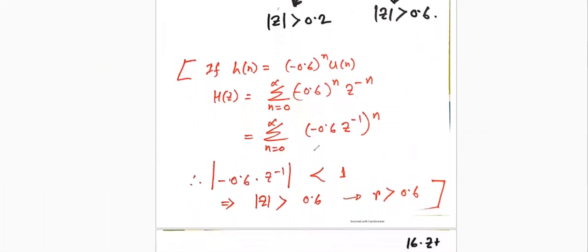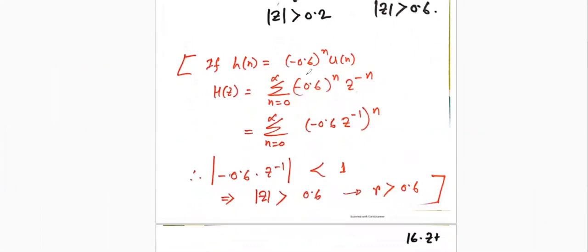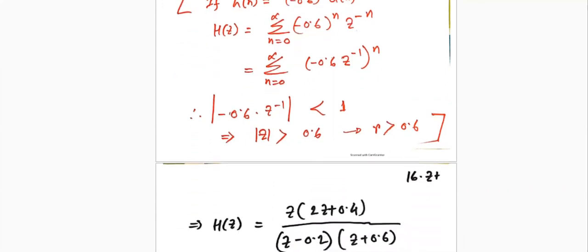So I have just shown how to do the calculations of this one. I have expressed here the same thing. If this value should be less than 1, from there we can find how we can show that z should be greater than 0.6. So r should be greater than 0.6, even if there is a negative number.